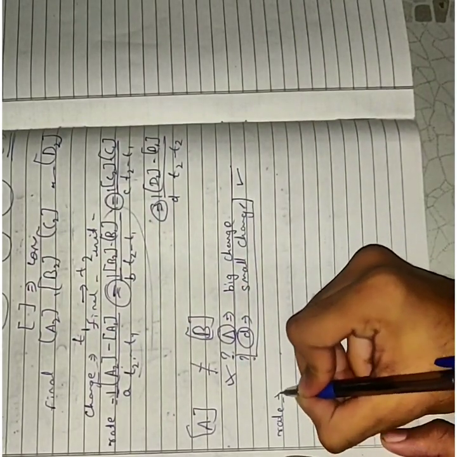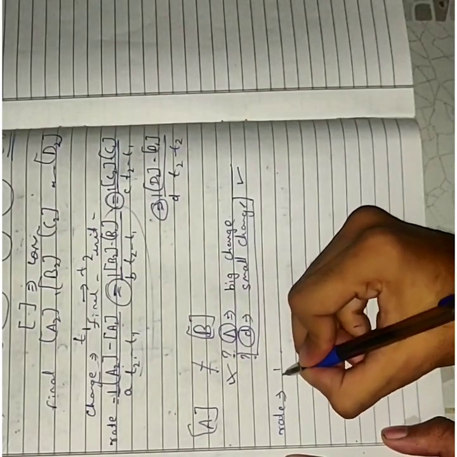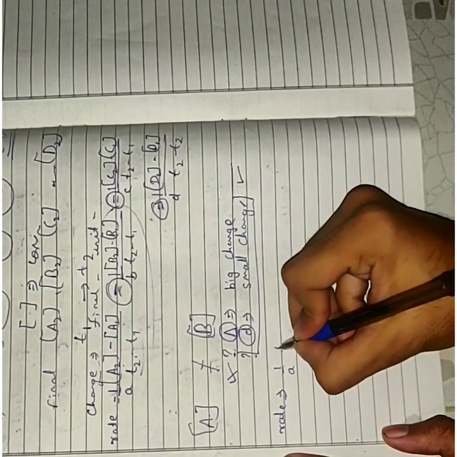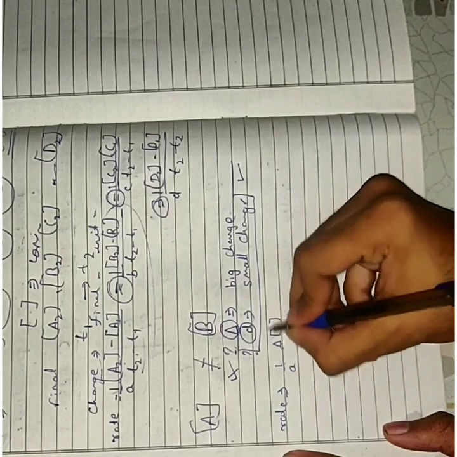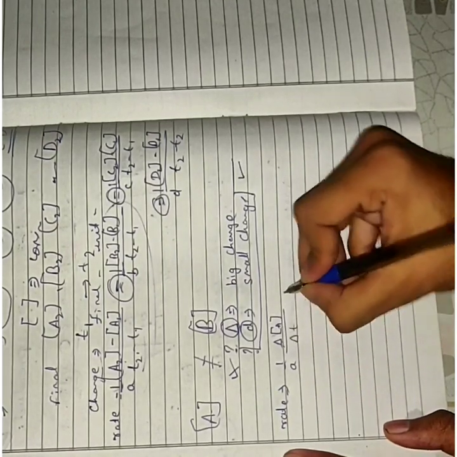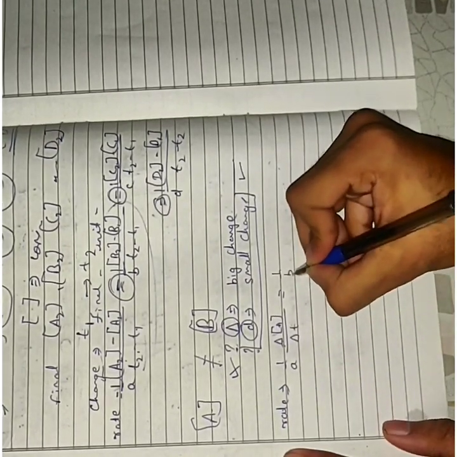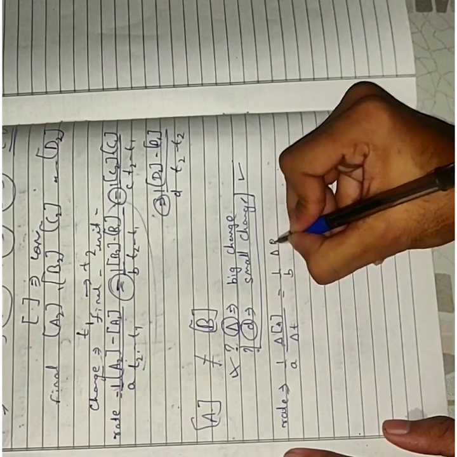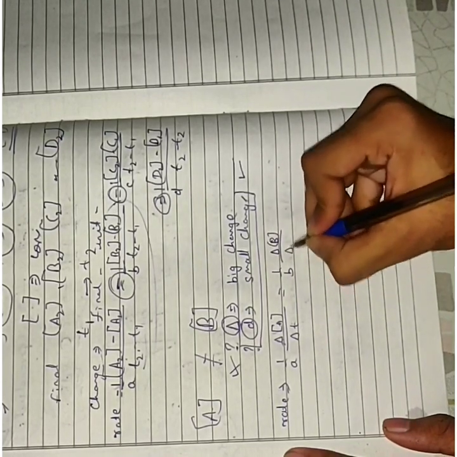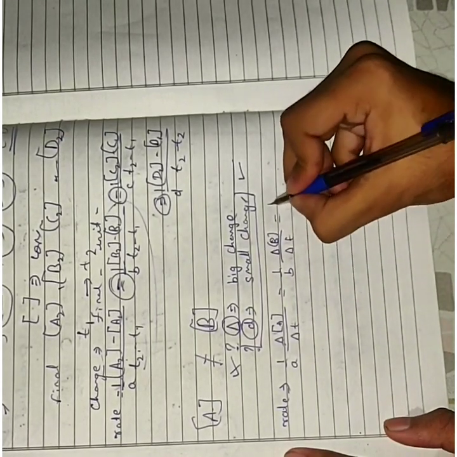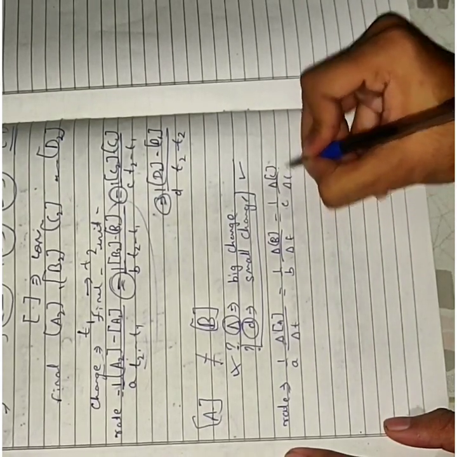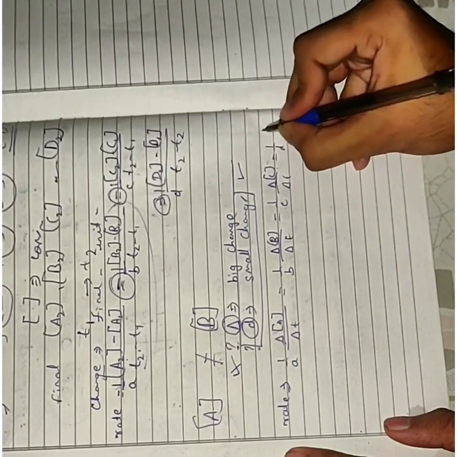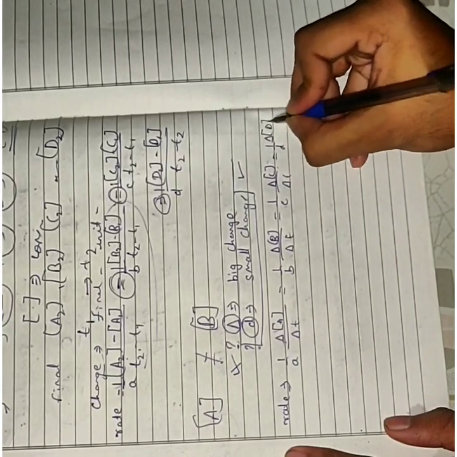Rate can be written as 1 upon a, initially with delta, that is change in concentration of a upon change in time, which can also be written as 1 upon b, change in concentration of b upon change in time, also written as 1 upon c, change in concentration of c upon change in time, and change in concentration of d upon change in time.